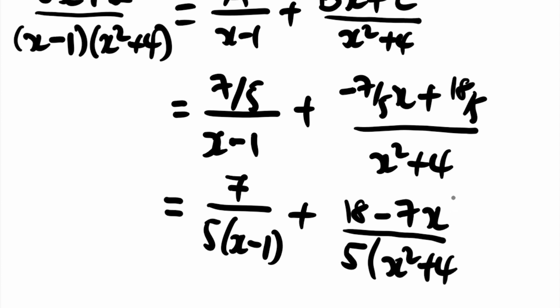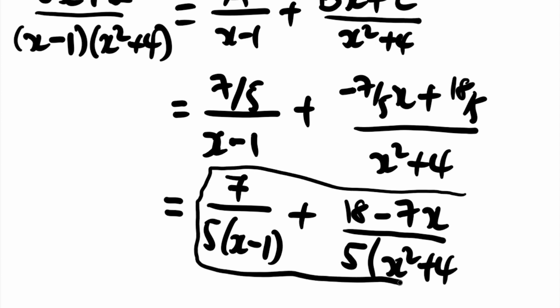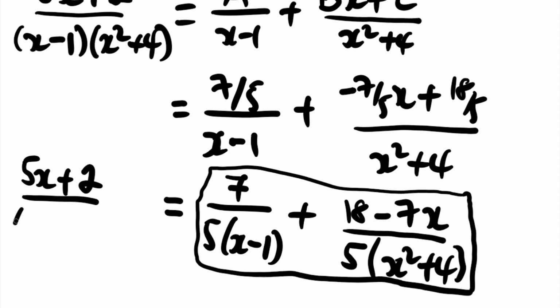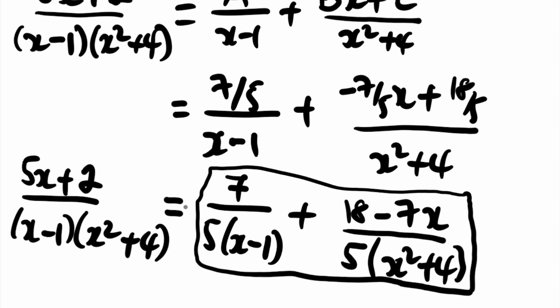So this is the simplified form of everything. So the rational function, let me close this bracket, this 5x plus 2 all over x minus 1 multiplying x squared plus 4 is equal to this expression that is now in partial fractions. We have this and then we have this.